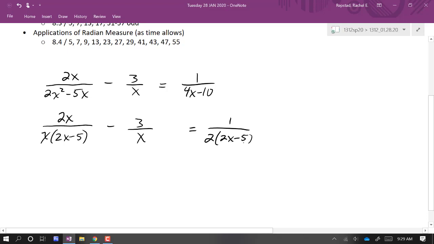Okay, so what is the LCD? 2x times x minus 5. And now that we know what the LCD is, we factored everything, now we can get rid of the denominators by multiplying all terms by the LCD.